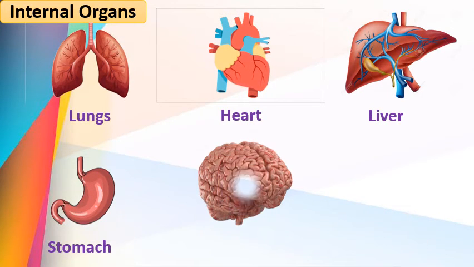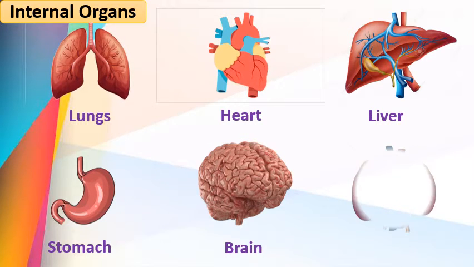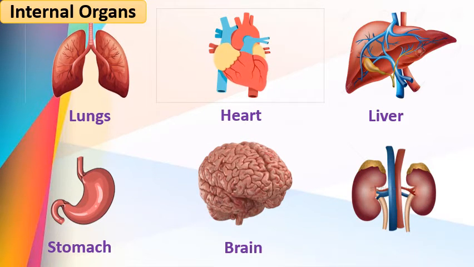This is our brain. And these are our kidneys. Okay, here we can see lungs and kidneys. We have 2 in number, isn't it? These all are examples of internal organs. These organs we cannot see from outside of our body.